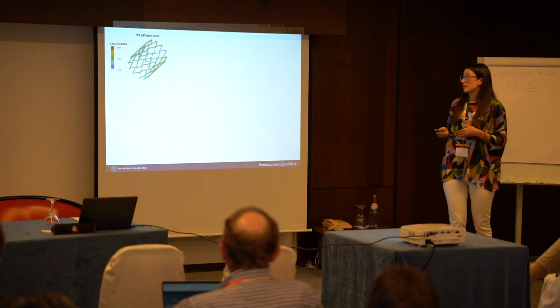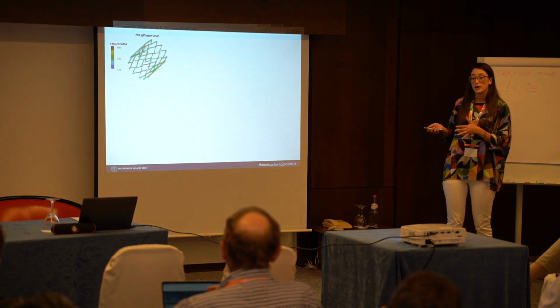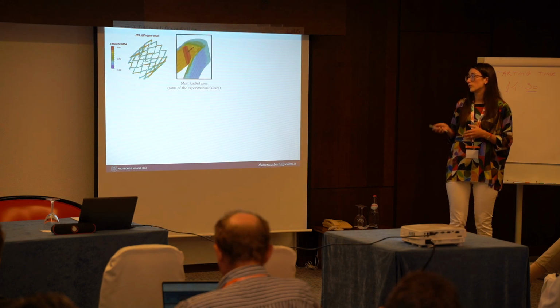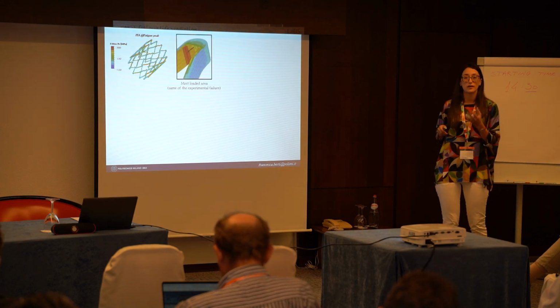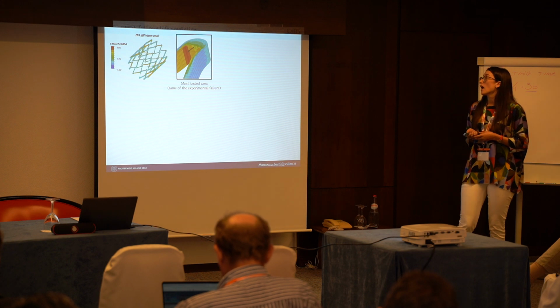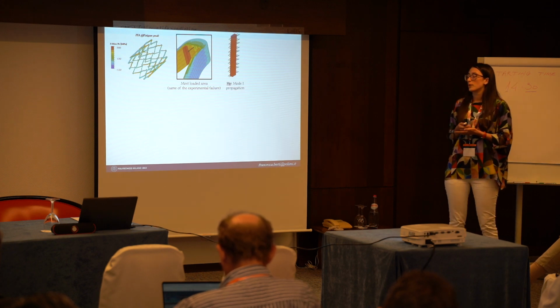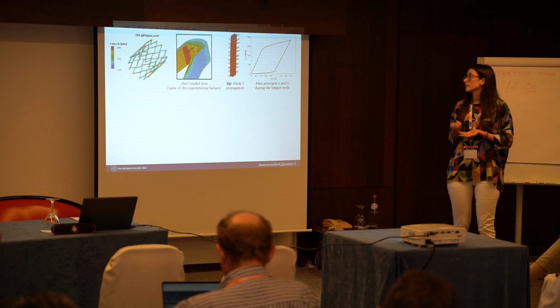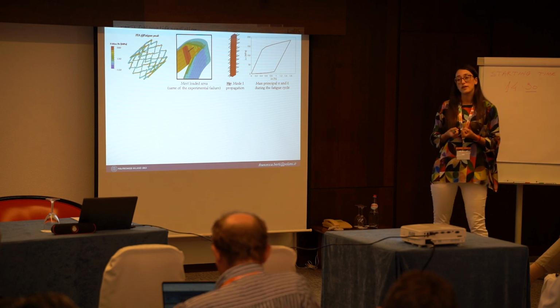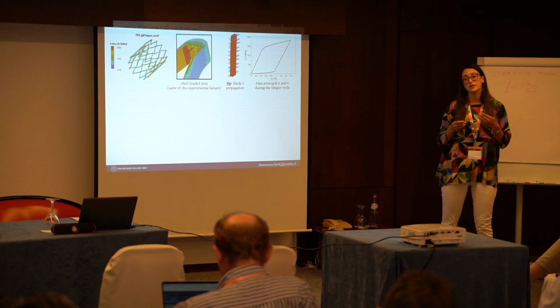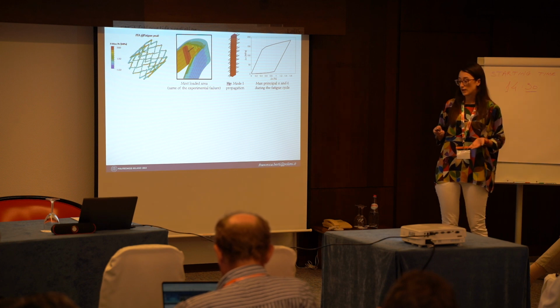And then, by applying the same procedure, I used the numerical model to go to the location where I had the failure. I was able to check the hypothesis of mode 1 propagation, and from here I extracted the value of the maximum principal stress and strain at the stabilized cycle.